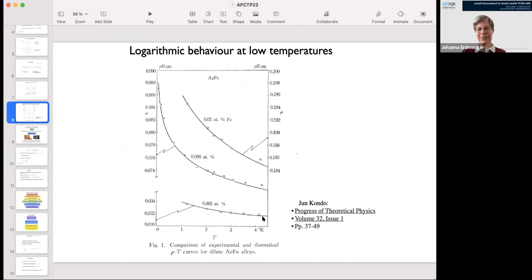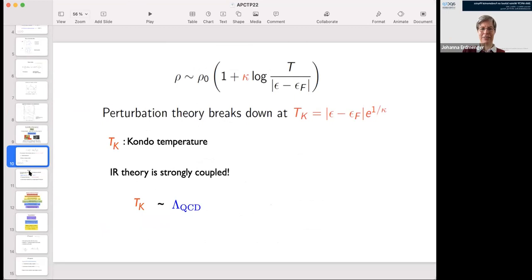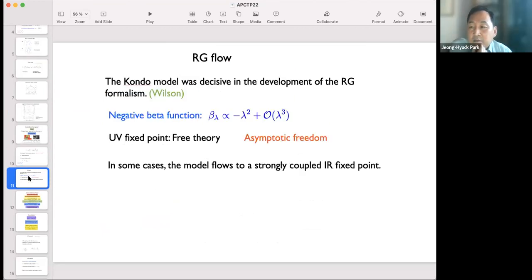Okay, but then if we go to CFT, we just go there. So the Kondo temperature is like lambda QCD, but the CFT picture really goes if you take your scale all the way to zero, which doesn't mean that you take the Kondo temperature to zero. It just means you take the temperature to zero. Okay, was this clear? Okay, yeah. And that zero temperature is the IR fixed point. Yes, exactly. Yes.